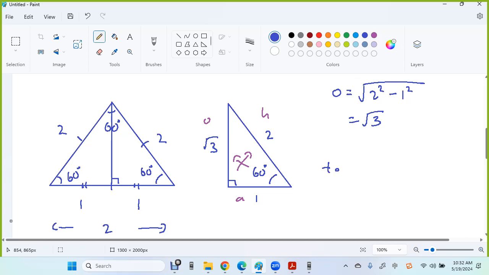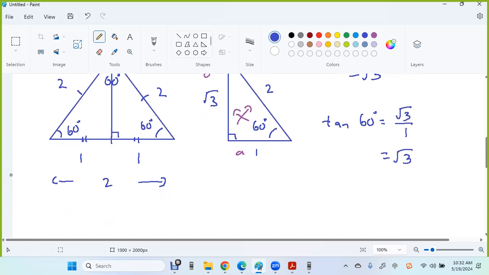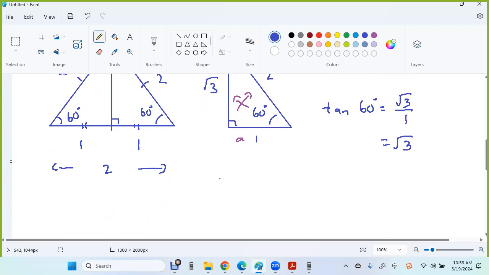So we have the tangent 60 degrees is opposite over adjacent, square root 3 over 1. So it is square root 3. Then we have the cos 60 degrees is adjacent over hypotenuse, it is 1 over 2. And the sine 60 degrees is square root 3 over 2.